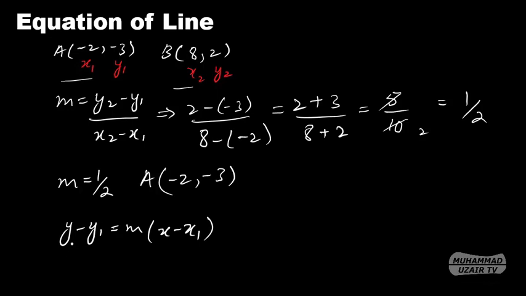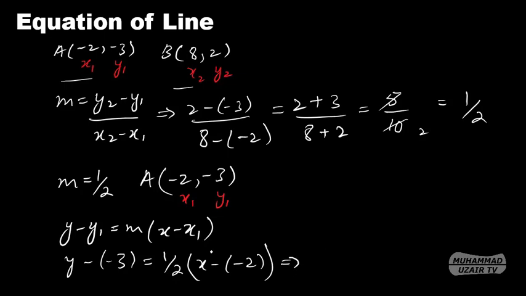By putting values, this will be x1, this will be y1. y1 is -3, m is 1 over 2, x1 is -2. So we will get y plus 3 is equal to 1 over 2 times x plus 2.